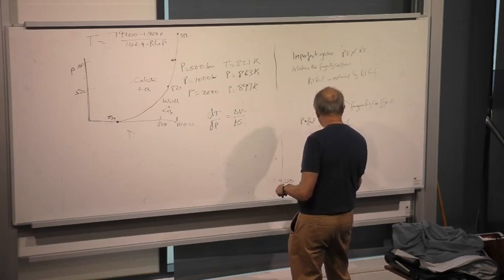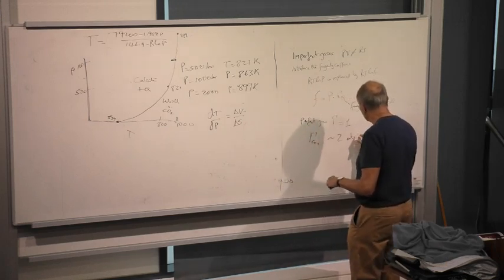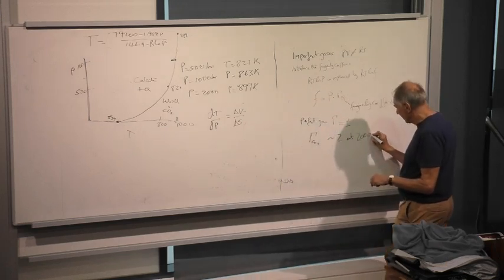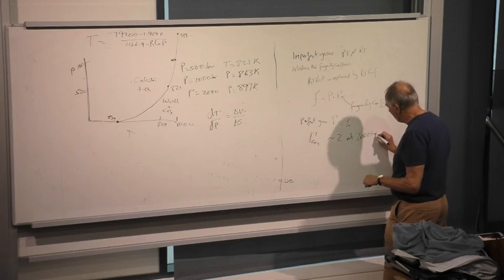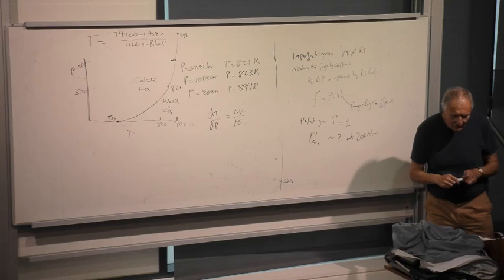It's about 2 kilobars. About 2,000 bars. So where do you get these fugacity coefficients from?